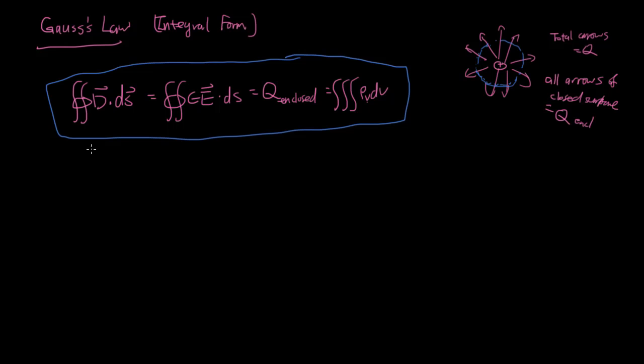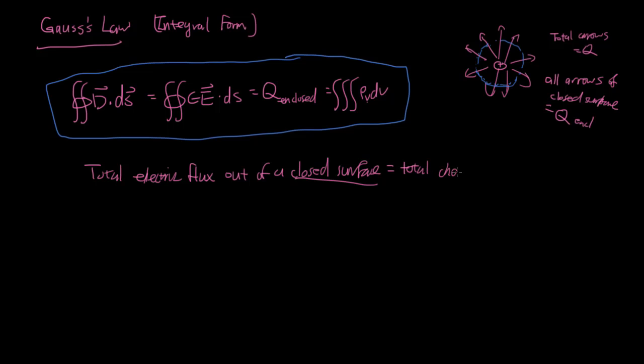So in other words, the total electric flux coming out of a closed surface, closed being key so that they actually capture all the arrows that would emanate from the charge in question, is going to be equal to the total charge inside.